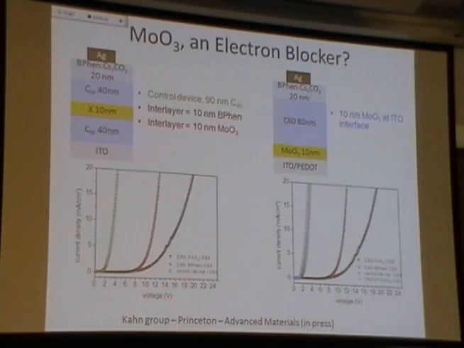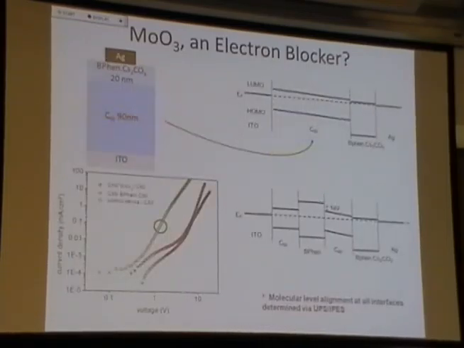So this suggests it's not really influencing your injection dynamics, whereas if you take something like BFEN, you actually start to change where that injection is. But if we put molly oxide in the middle, we seem to change how those electrons move. So the question that pops up is, maybe molly oxide isn't as good an electron blocker as BFEN, but it seems to be doing something when you put it in the middle of the C60. It seems to be disrupting.